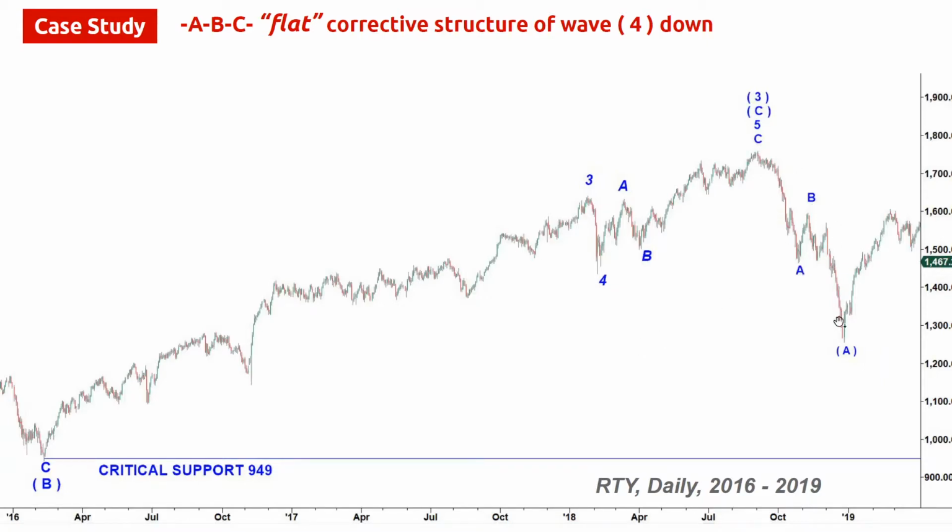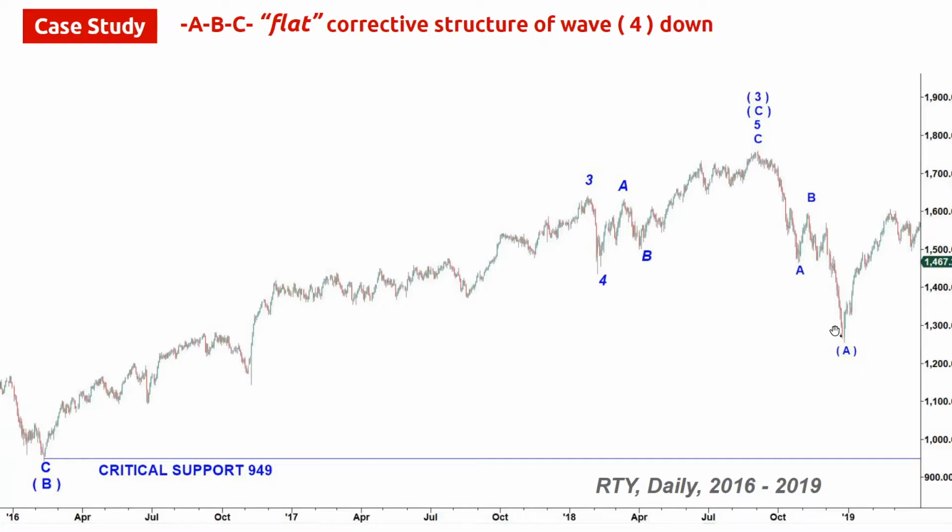That could be simple zigzag, right? So you get quick down, quick move down. It could be A, B, and C. And look, it was big enough. It dropped from like 1800 up to 1250. It was a large, quick pullback, which could be all of wave 4 down.